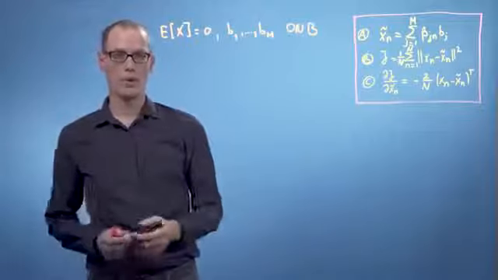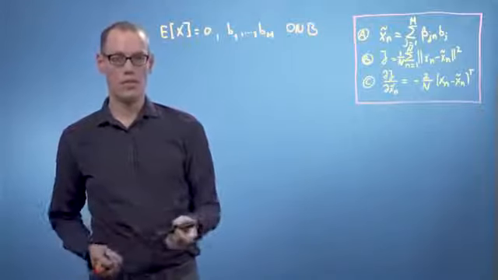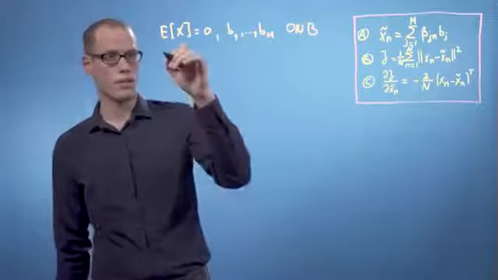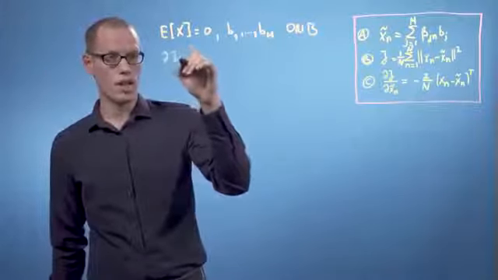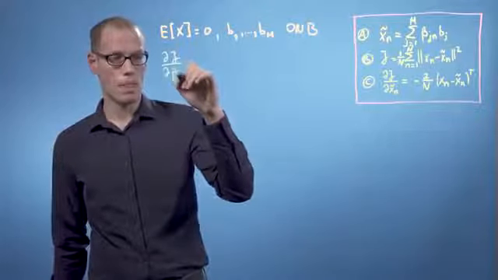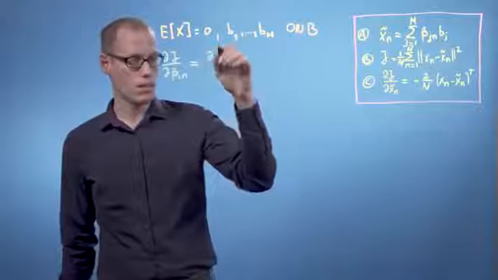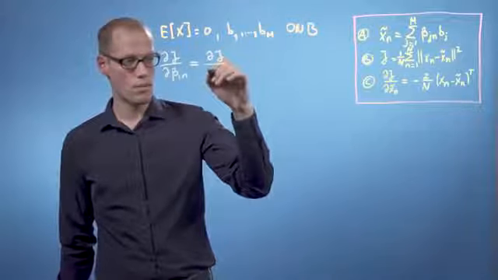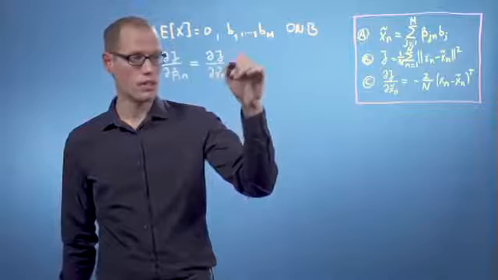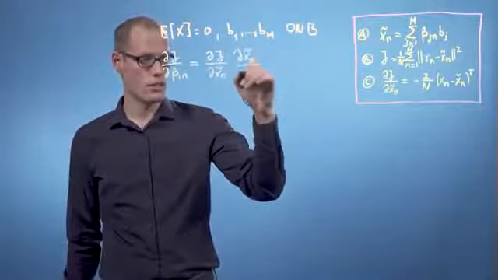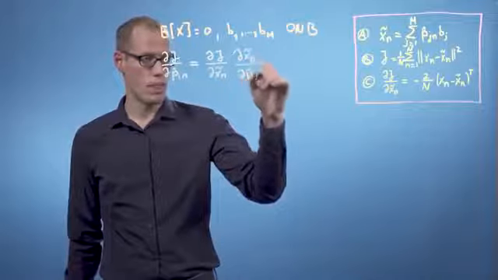And now we are ready to compute the partial derivative of J with respect to the β_in parameters as follows. So dJ with respect to dβ_in is the derivative of J with respect to x̃_n times the derivative of x̃_n with respect to β_in.